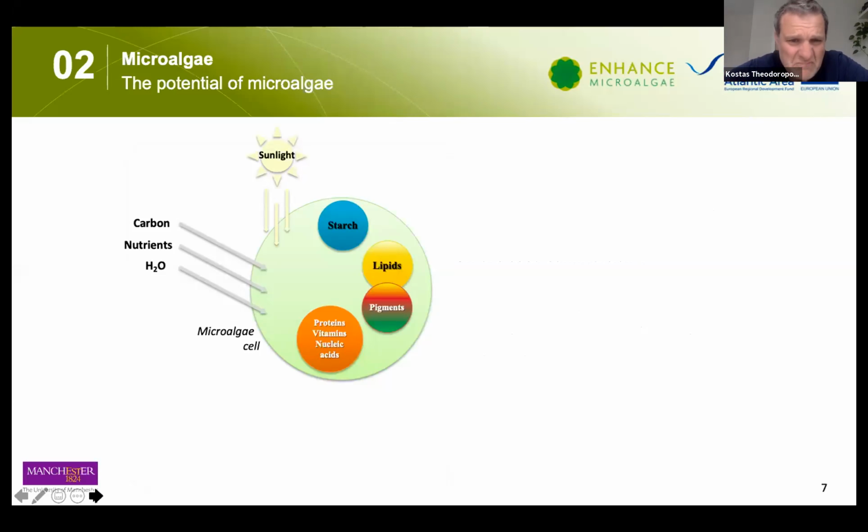So here's a schematic of a microalgal cell. Cells take sunlight, carbon, nutrients, and water, of course, to grow. And within the grown cells, we have a number of important components forming there. We have starch, lipids, pigments, protein, vitamins, nucleic acids.